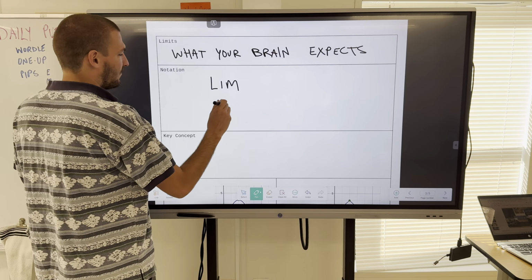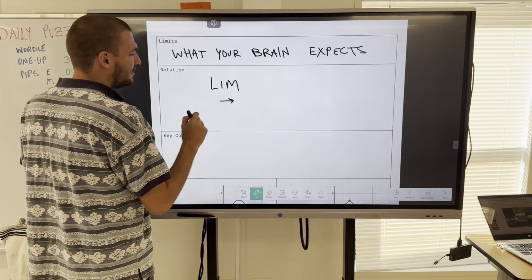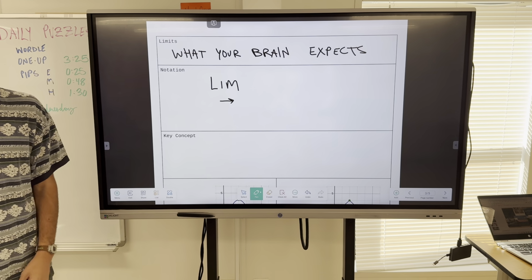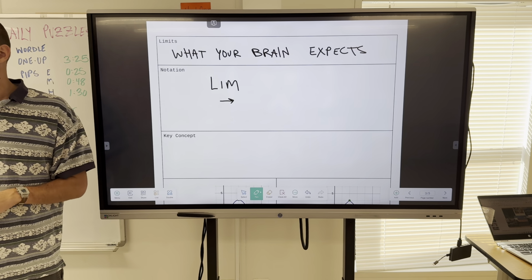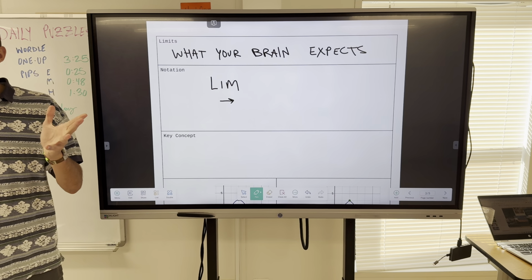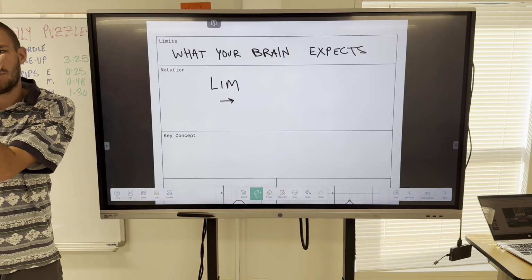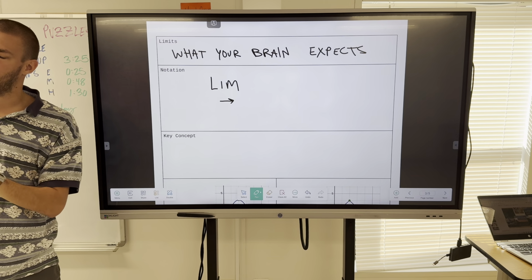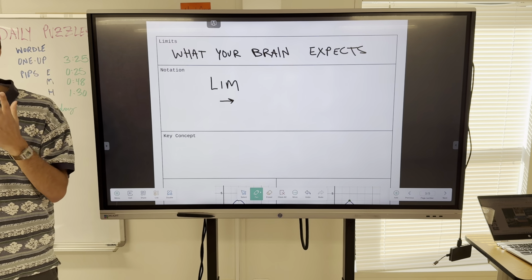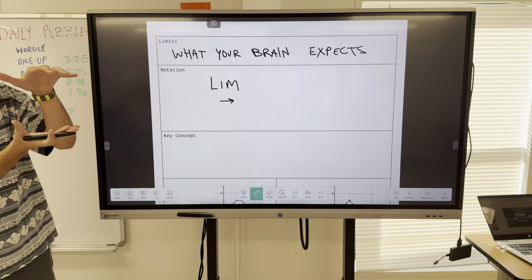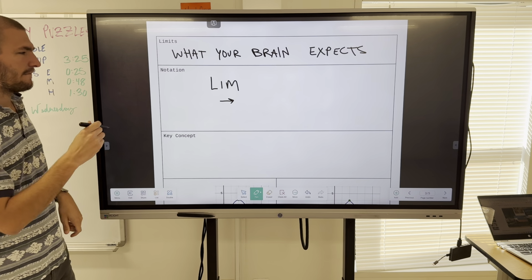Then we're gonna have an arrow underneath limit. Now this gets pretty annoying if you're working on lined paper because it's like, should I cram it all into one or should I spread it out into 2 lines? It gets kind of annoying because it's a stacked up function, okay?